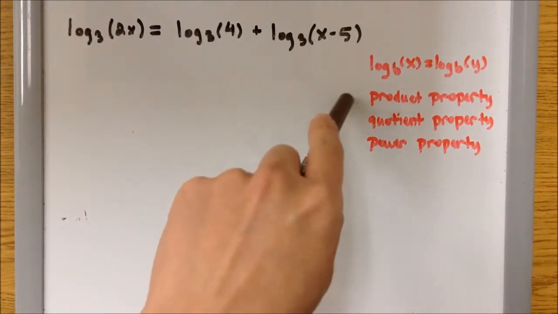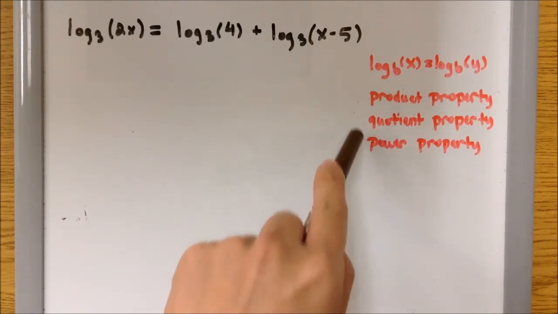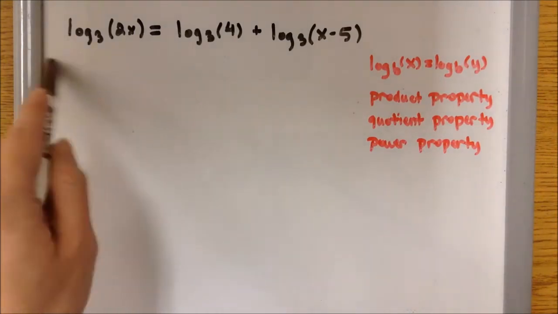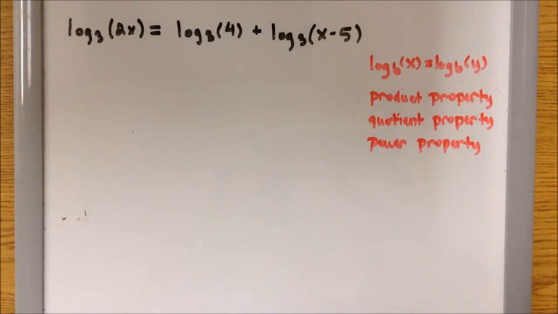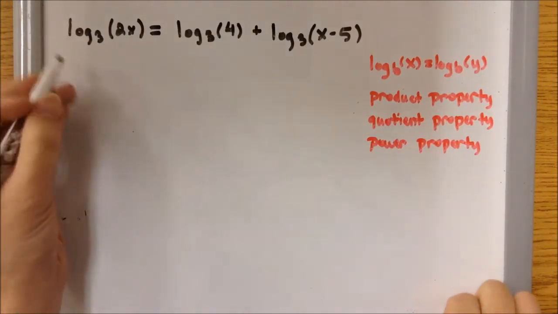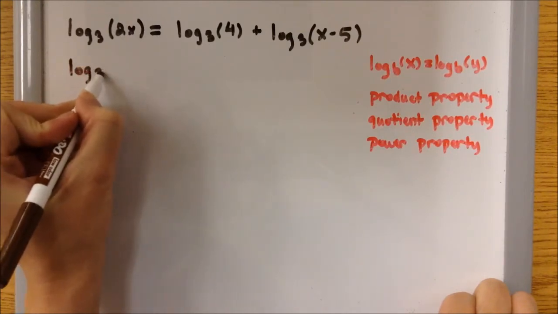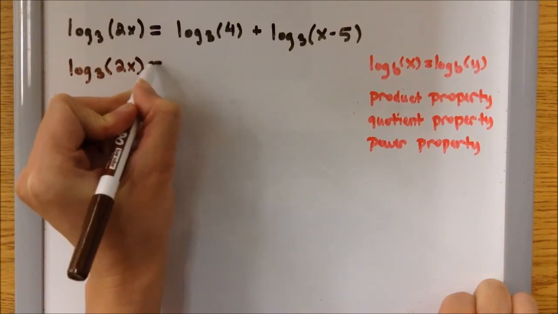By using one of these three properties: the product property, the quotient property, or the power property. On my left side, we only have one log, so that's okay. So I'm going to bring that one down. Log base 3 of 2x equal.